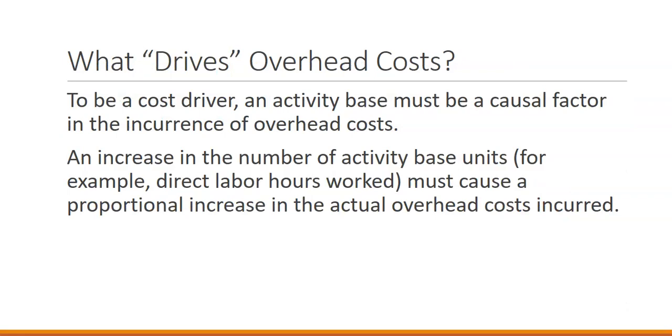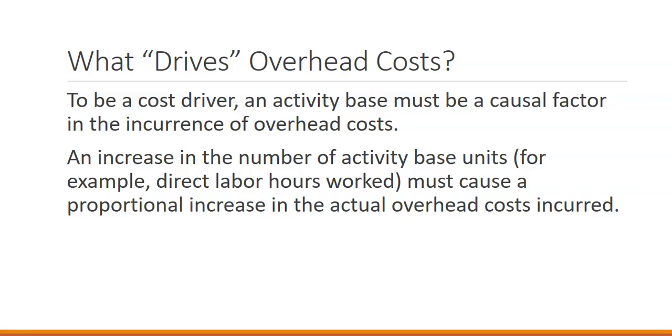So how we decide what we're going to use as an overhead allocation base depends on what drives the overhead cost. So we call this a cost driver. Our activity base, we call it a cost driver. So we use those base units. In our last example, it was the number of direct labor hours worked.